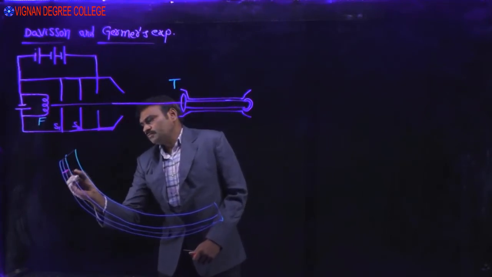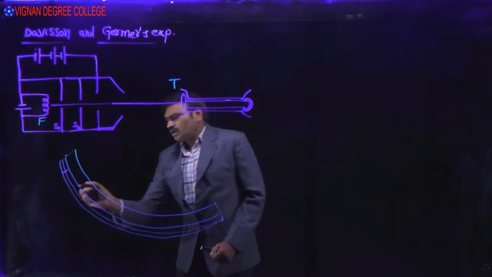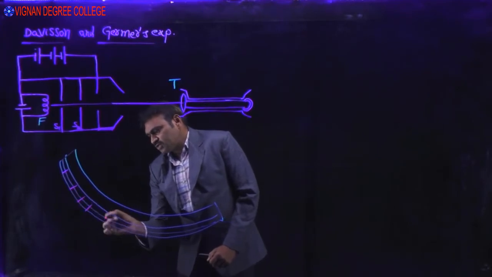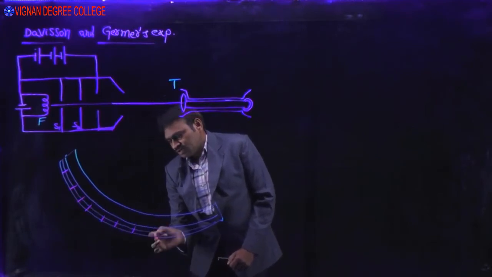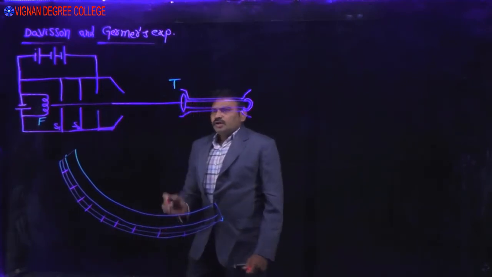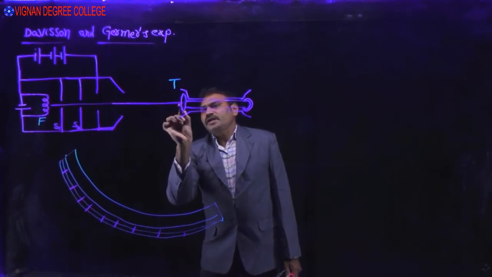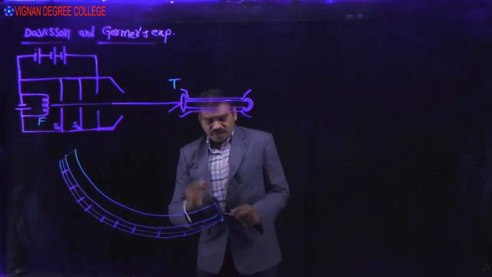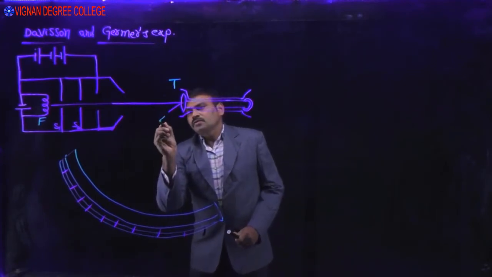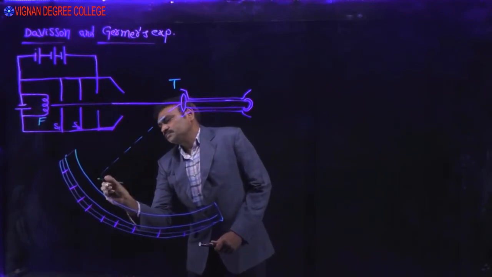On the scale, angles are graduated: 10 degrees, 20 degrees, 30, 40, 50, 60, 70, 80 and 90, and so on. Here, the electrons are diffracted in different directions. So, these are the diffracted electrons.